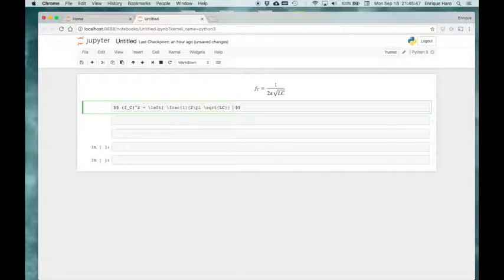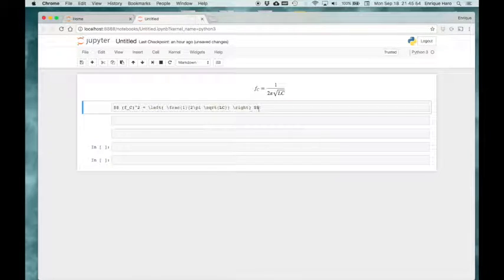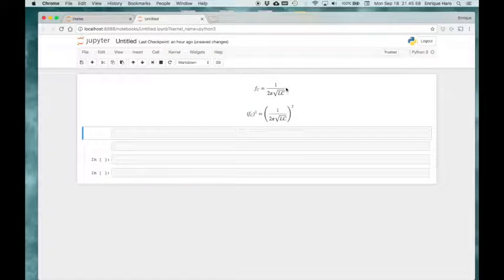This is the way we enclose with parentheses. I need to raise this to the square. So if we square both sides, on the left we're going to be left with frequency square, and on the right will be 2 square times pi square times LC.